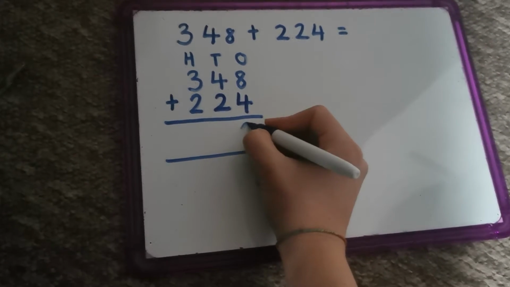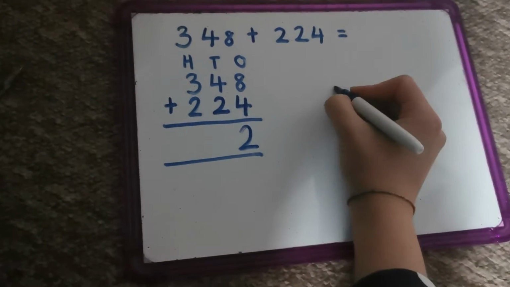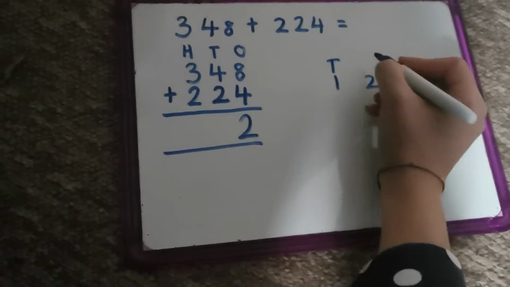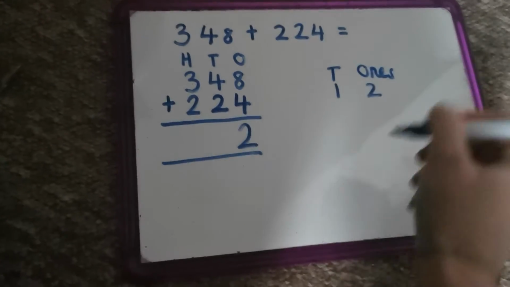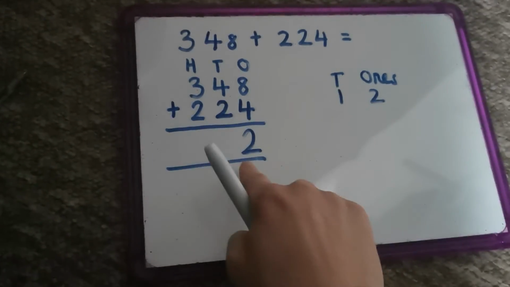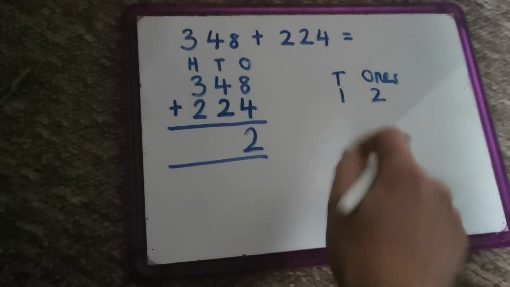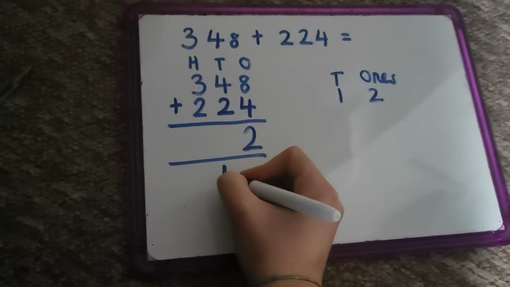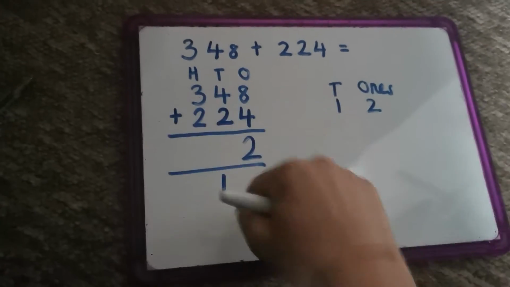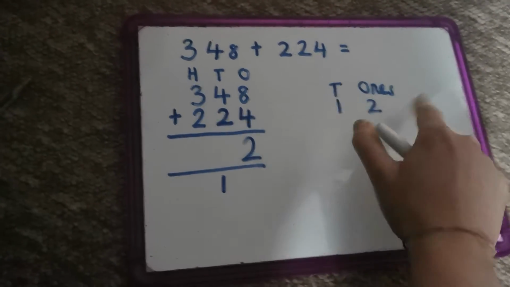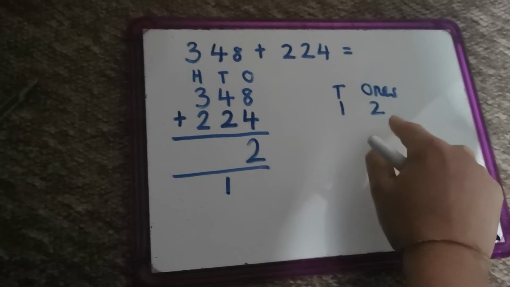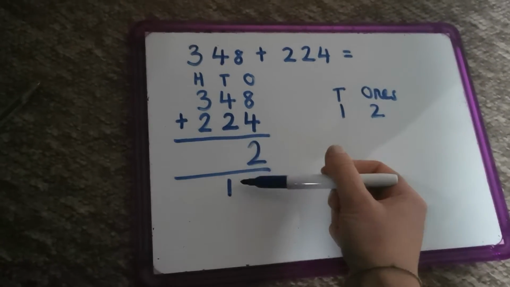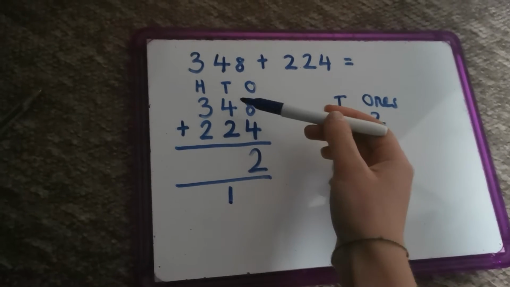I put the 2 ones here, because 12 is made up of 1 ten and 2 ones. So I place the 2 ones underneath the ones column. And then I need to place an extra 10 in the tens column, because I've regrouped these 12 ones and said there's 2 ones and 1 ten.